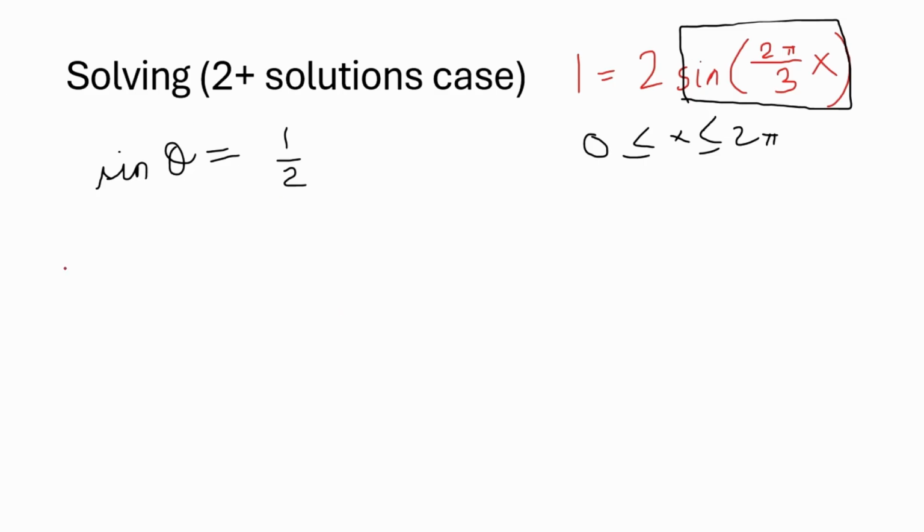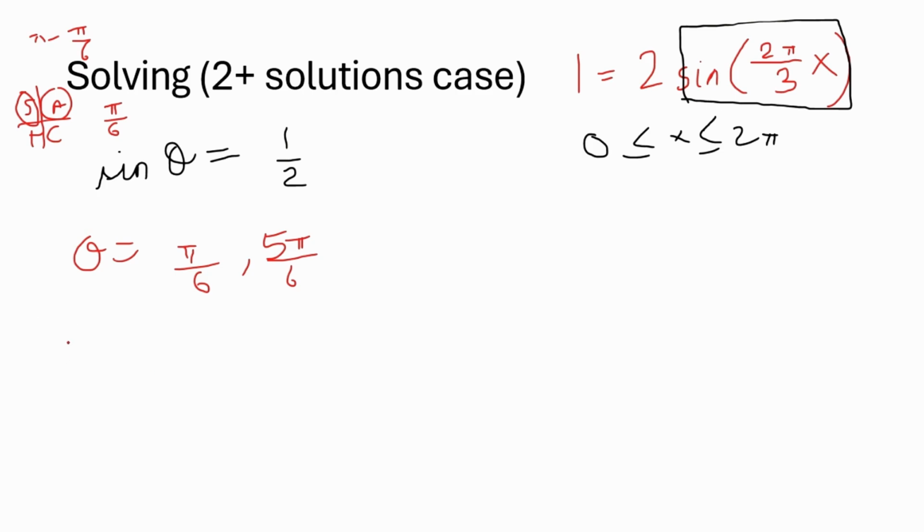Well, it's the CAST rule, CAST is positive here and here, and sine theta is 1 by 2 at pi over 6, not pi over 3, my bad. So theta is pi over 6, and in the second quadrant it's pi minus pi over 6. So it's 5 pi over 6.